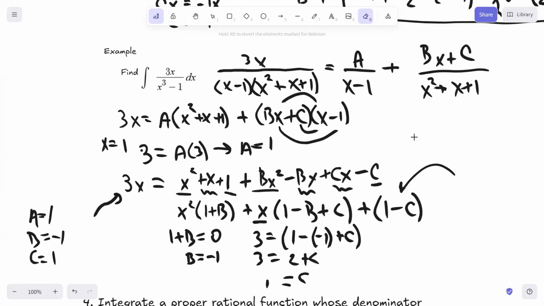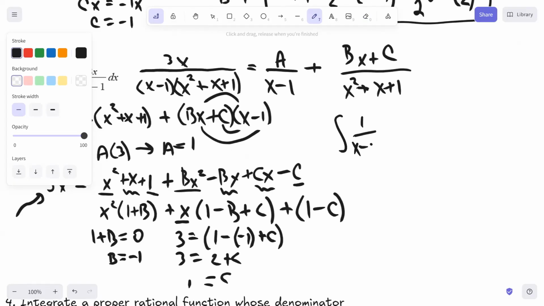So we can now set up our integral. 1 over x minus 1 plus negative x plus 1 over x squared plus x plus 1 dx. First integral is going to be natural log absolute value of x minus 1.